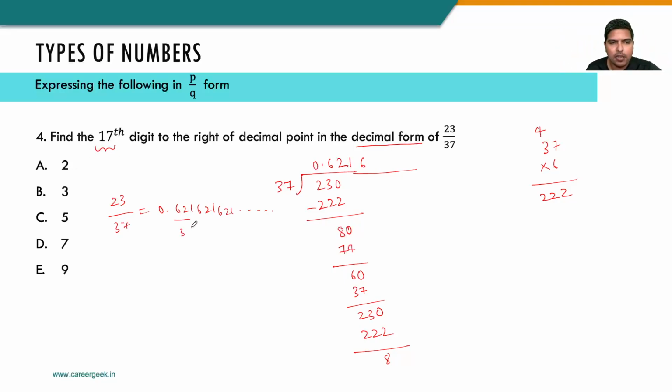So these are 3, these are 3, these are 3. So 9 are done, 3 more, 12 are done, 3 more, 15 are done. So we want the 17th, right? So 6 to 1, this is the 16th, and this is the 17th digit, which is 2.